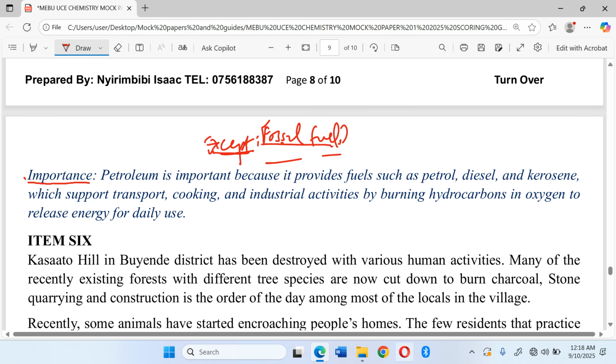So if your learner gives such a point, provides fuel, and mentions the word transport, then release energy for daily use, I think there we are safe. And you can see that the total scores becomes 15.